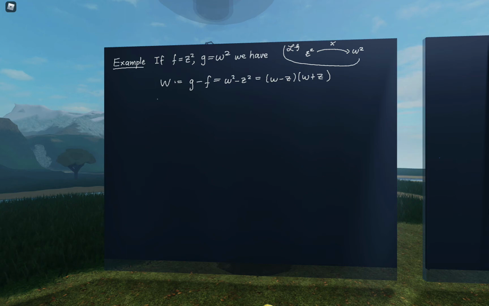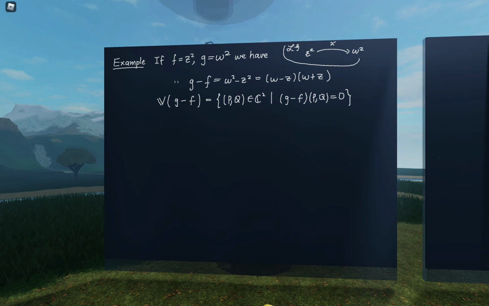So what is the vanishing locus of g minus f? Well, it's the set of all pairs (p, q), in this case just numbers, such that when you apply g minus f to that pair, you get 0.